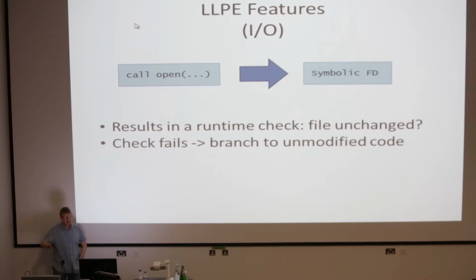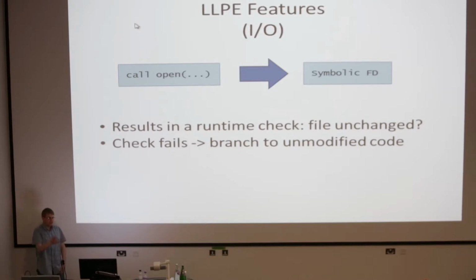Next up on the hit list, we got some support for I/O in here. So much as allocation instructions during specialization are generating symbolic pointers that we're passing around the program, calls to, so here just open, it's currently hard-baked to use the Linux system call API, but of course that can be changed.